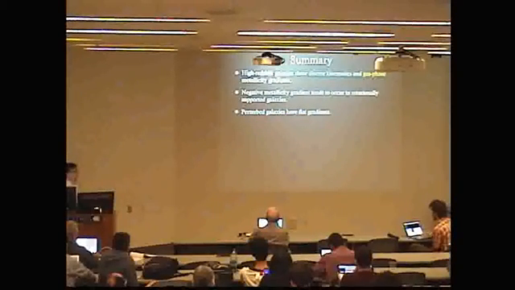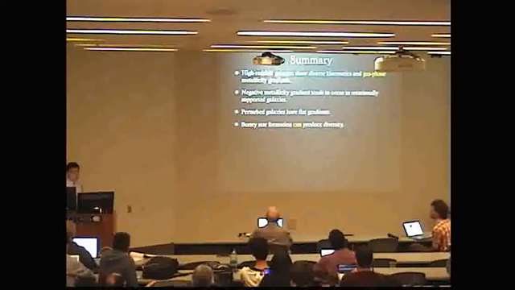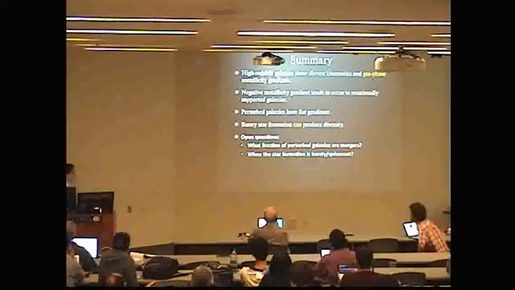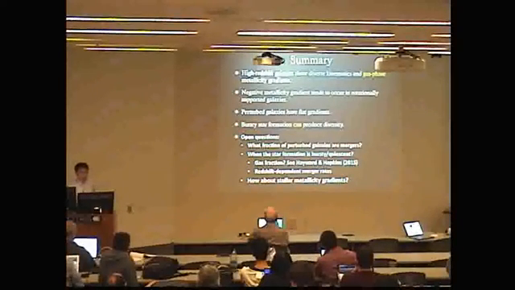Perturbed galaxies have flat metallicity gradients, and bursty star formation and feedback can produce this diversity, although burstiness is not the only mechanism to produce the diversity. So we have a few open questions. I believe there is time for questions.